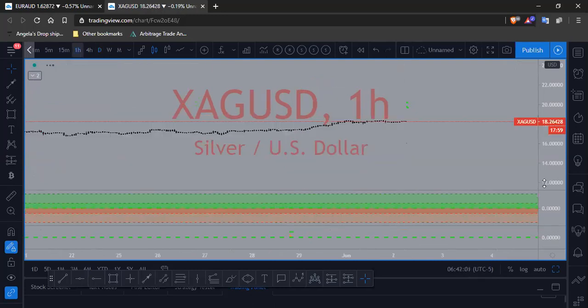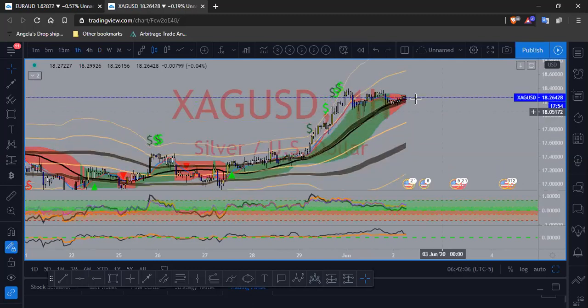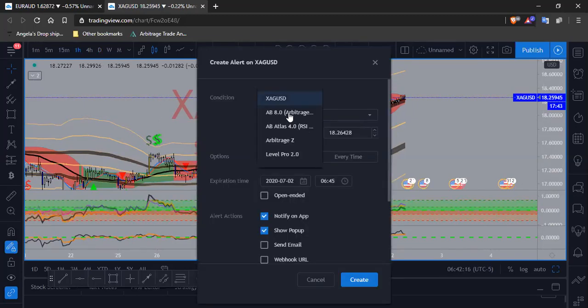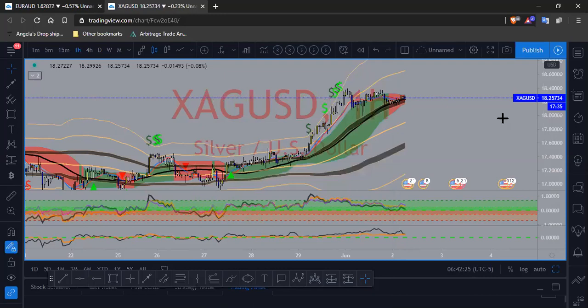But anyways, silver looks like it might start to drop. I like seeing that the daily time frame is showing that it's overbought. So we could watch for this. Like I said, it's the same thing as gold. If it does call for the sell, I'll go ahead and set that alert. If it calls for the sell, then by all means, sure, short. If it doesn't, then I'd be inclined to buy here.